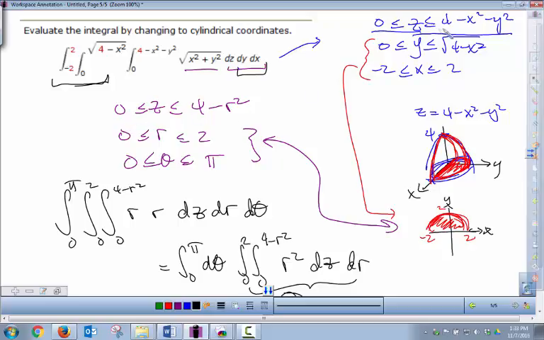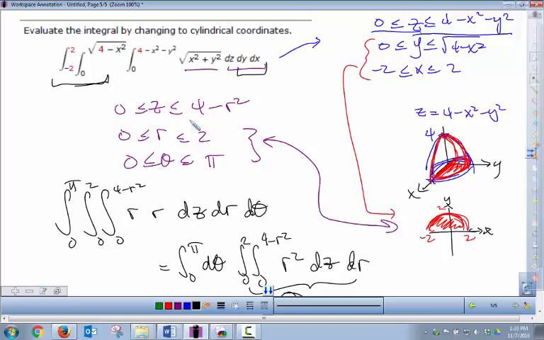But since this is really a direct translation from x squared plus y squared into r squared, you don't really need to see the three-dimensional picture. But I do believe that you still need to capture the two-dimensional picture so that you can do the proper translation. Okay?